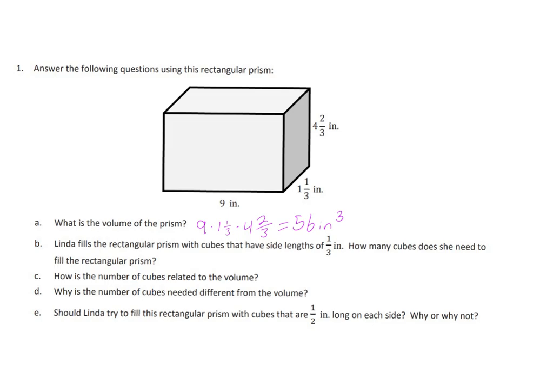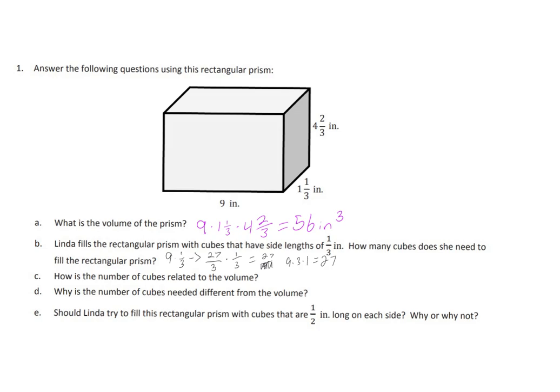So in 9 inches' case, 9 will go into 1/3 27 times. So it would be 27/3 times 1/3, which will give you 27/9. But since we're paying attention to how many cubes there are, I am going to ignore the fraction on the bottom. So basically, we're going to just do 9 times 3 times 1, which would give us 27.